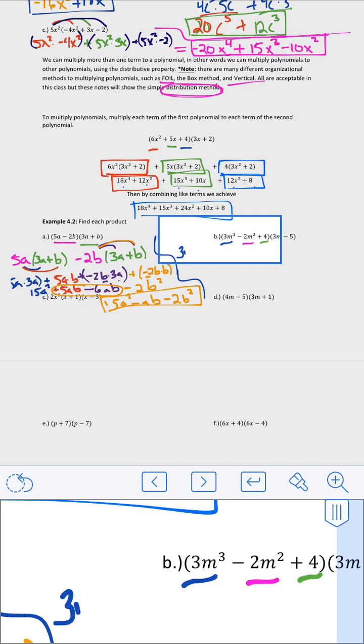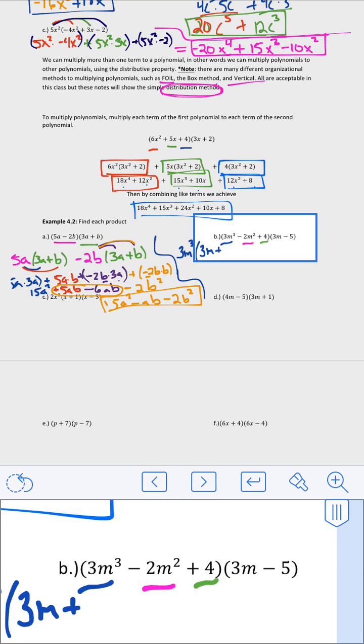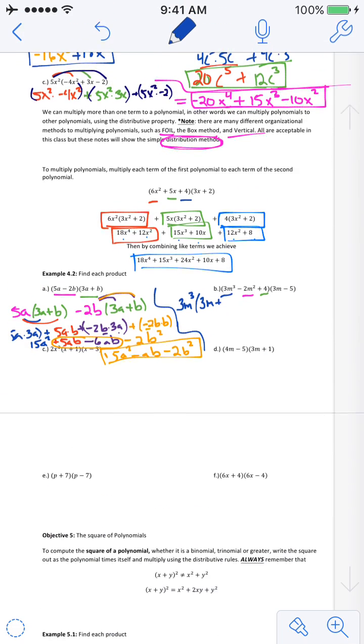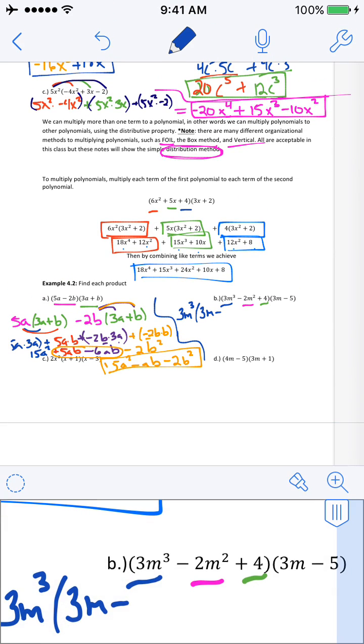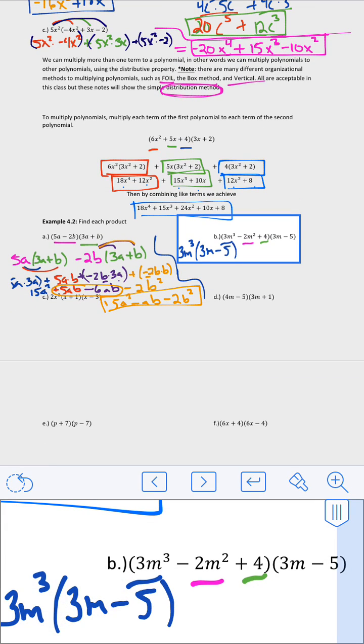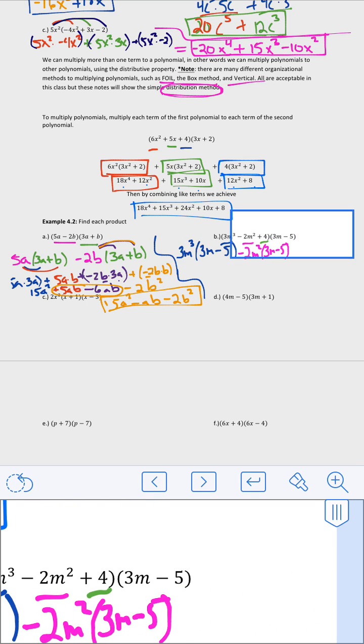So the 3m cubed times the 3m minus 5. And then I got the orange one. Minus 2m squared, 3m minus 5. And then the last one. Plus 4 times 3m minus 5.